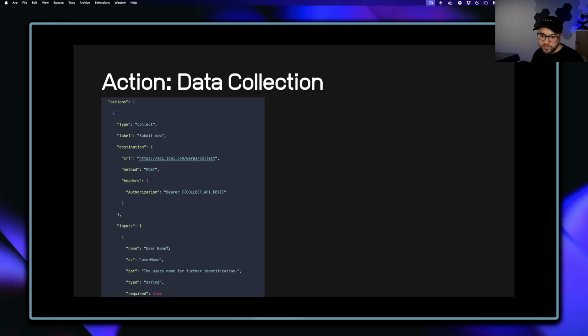So another cool thing here, and you can use this with any kind of input, and even at the root of the warp blueprint, is the bot field, which allows you to give more context to an input or the warp itself, in order to let the agent know how to treat this input.